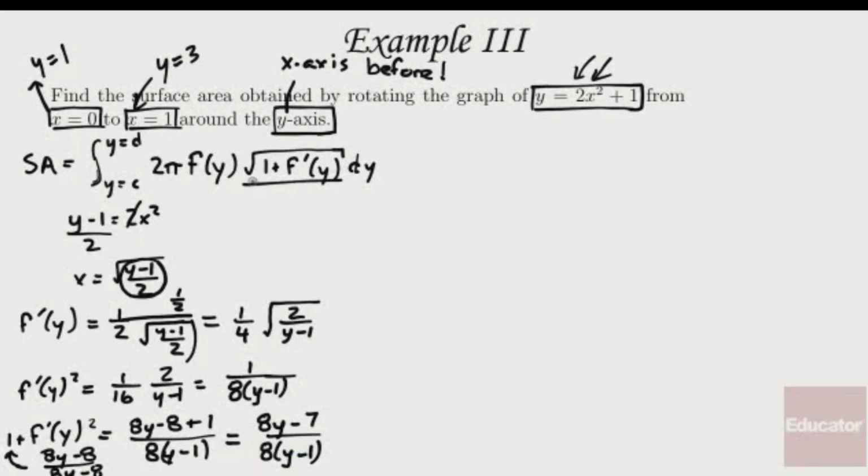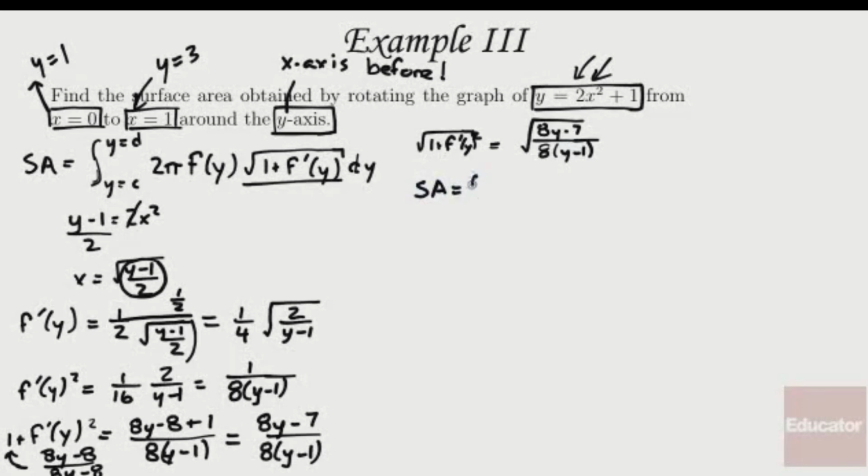And now we need to take the square root of that. So what we have is the square root of 1 plus f prime of y squared is the square root of 8y minus 7 over 8 times y minus 1. And so I'm going to put all these pieces together into a big integral.